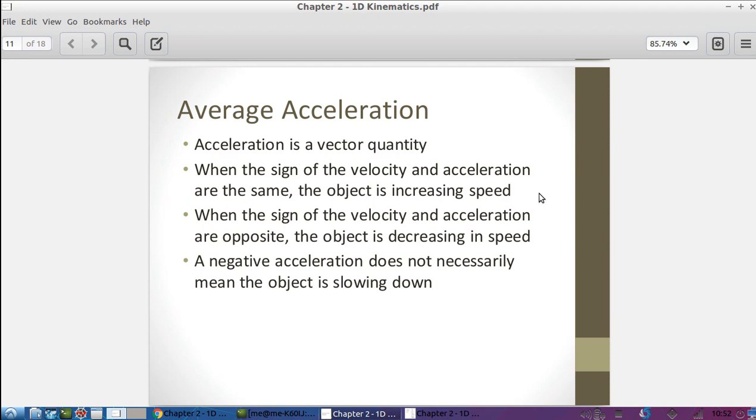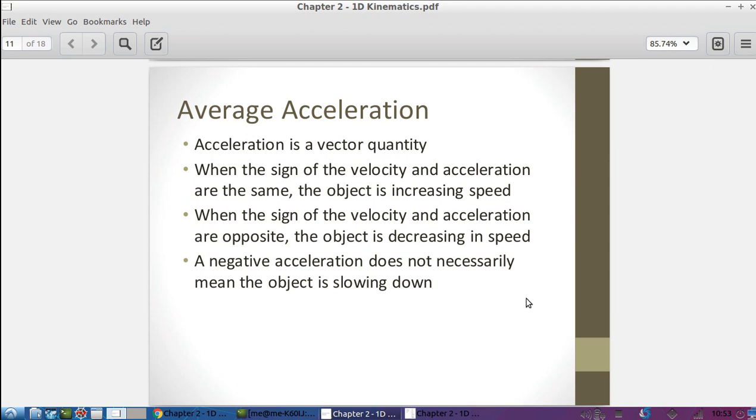If I switch the signs of both of these vectors, right, my velocity is in the negative x direction, I'm moving to the left, and my acceleration is in the positive x direction to the right, I'm still slowing down, right? I'm accelerating in the positive x direction, but my velocity was in the negative x direction, so my speed is decreasing.